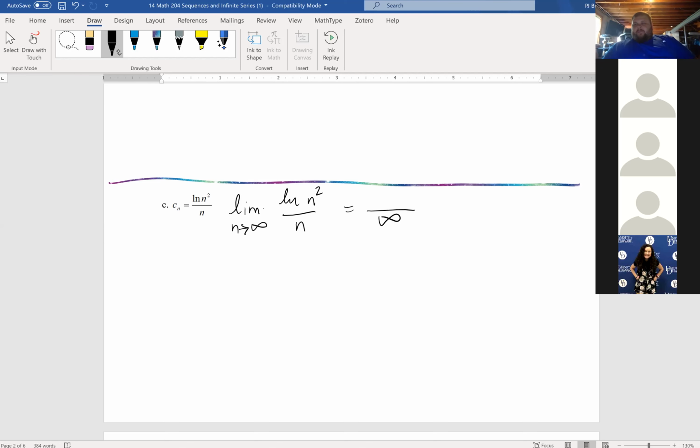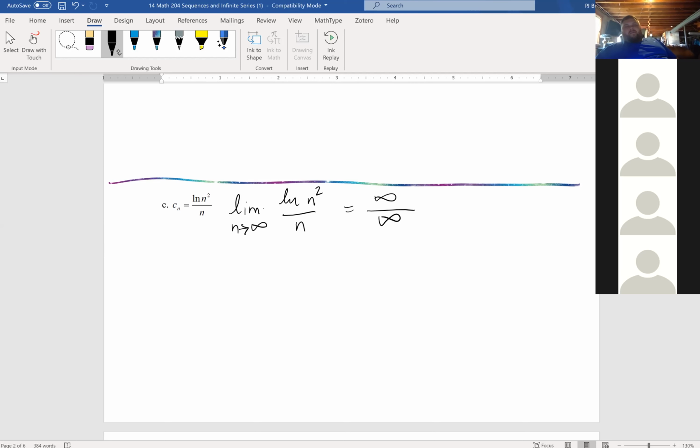What can you tell me about that one? Wouldn't that also be going to infinity? So it'll approximately be going to infinity as well, right?